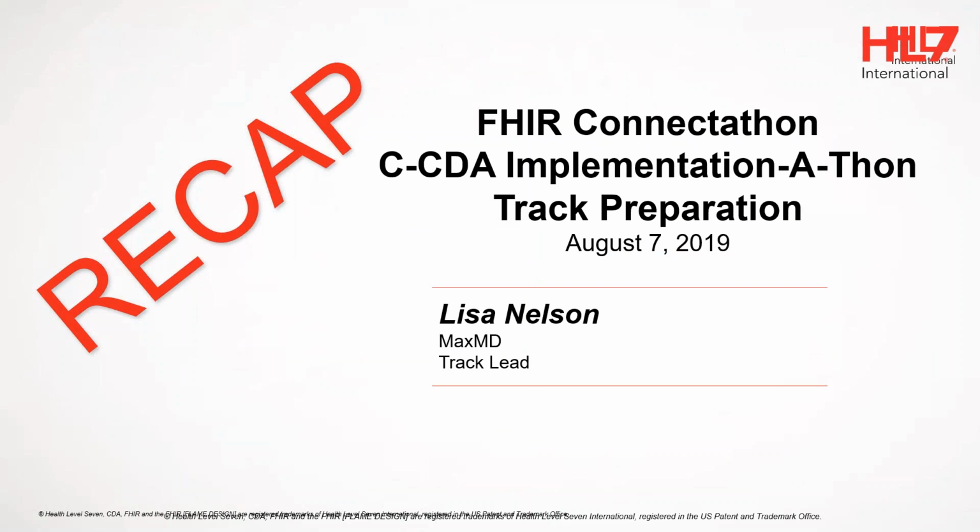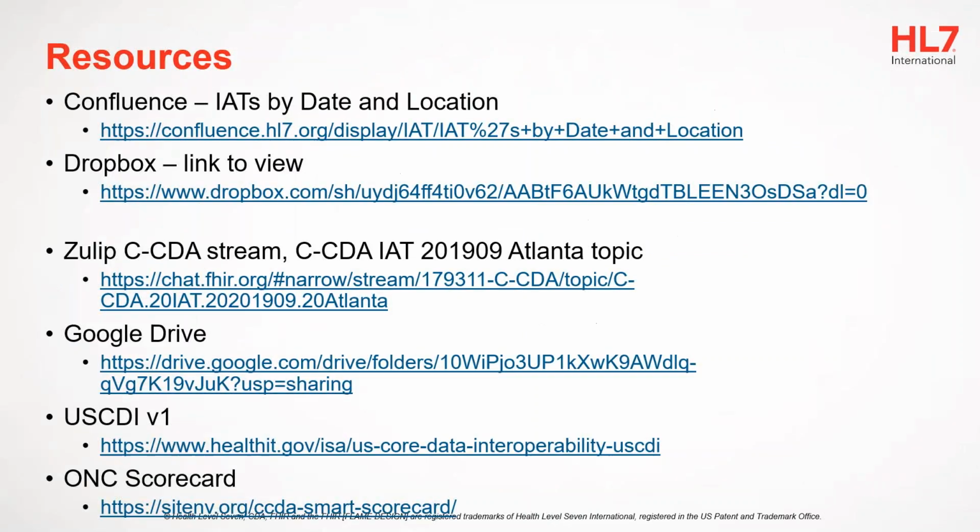Just as a recap, last week was our first prep session, and we covered a bunch of resources that I've been gathering together, and we talked about where things will be posted on the Confluence site and in Dropbox, where I've got some resources that are building up.